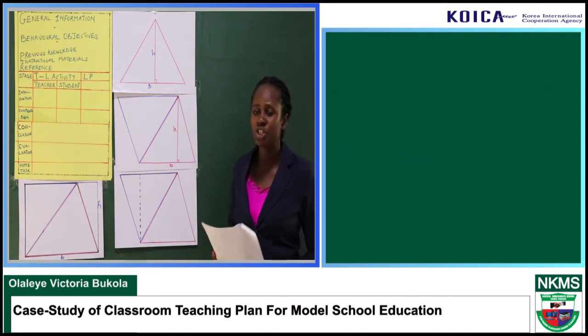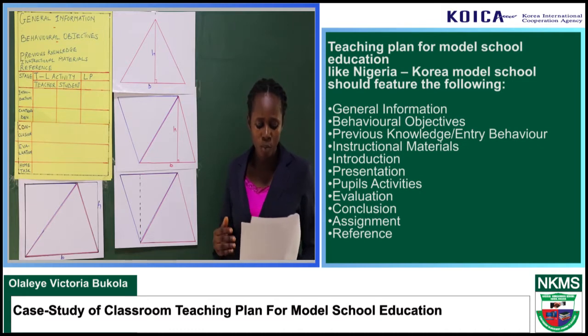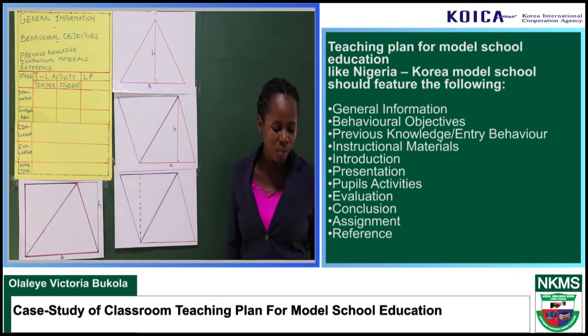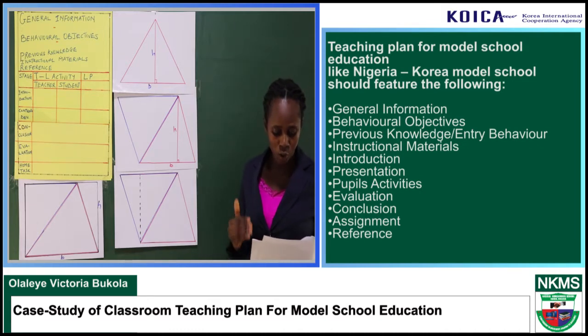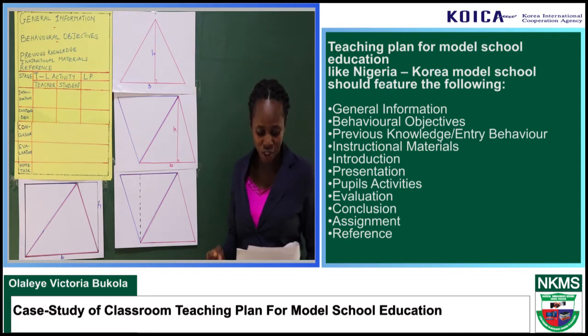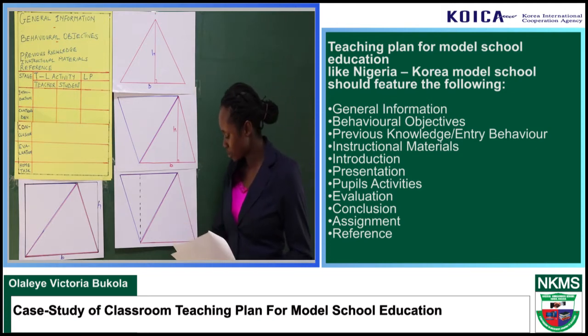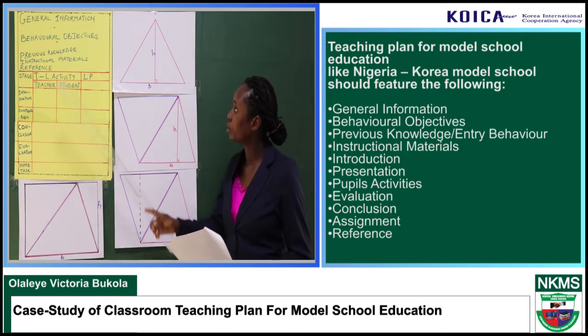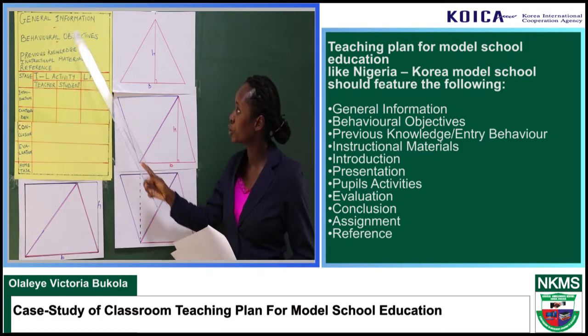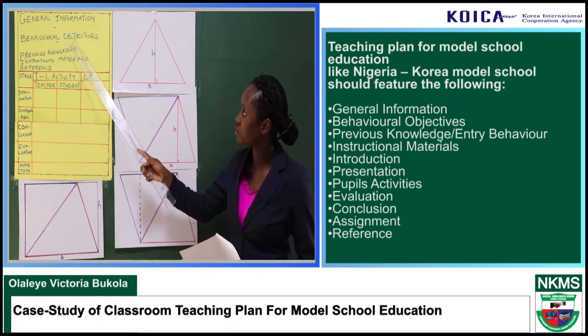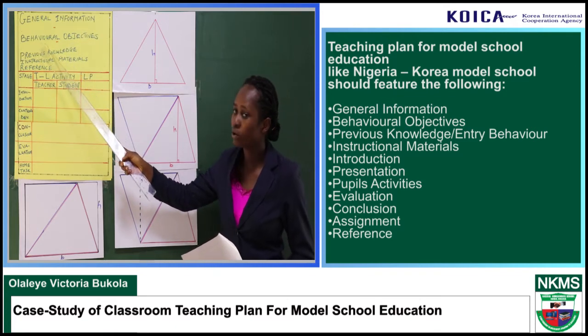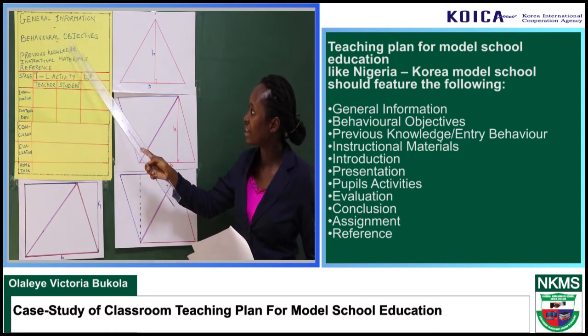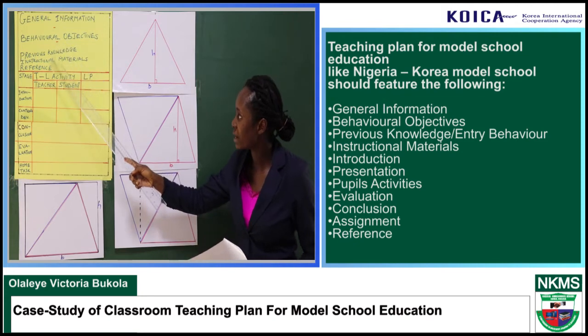And when we talk of teaching plan, a teaching plan for model school education like Nigerian Korean Model School here should feature the following: general information, and that is what we have here on the board. We have the general information, the behavioral objectives, that is, by the end of the lesson, the learner should be able to itemize it.